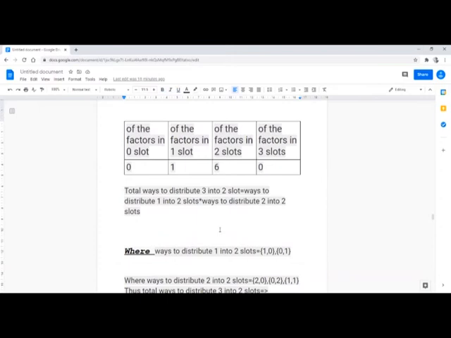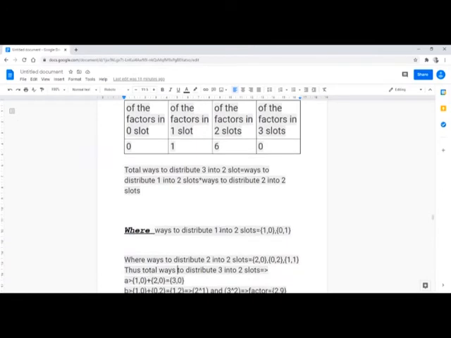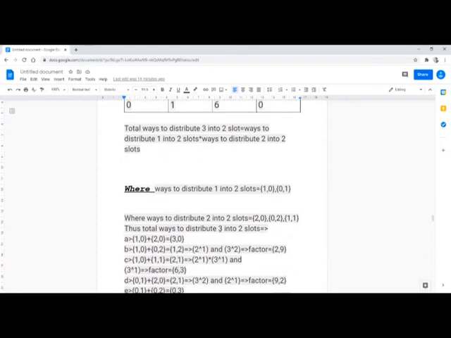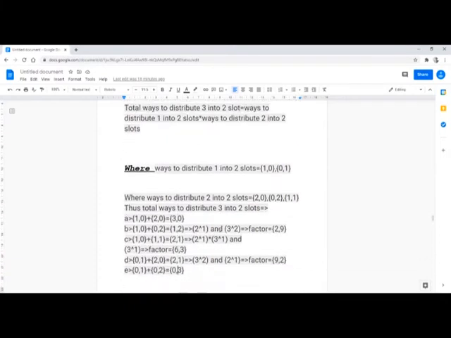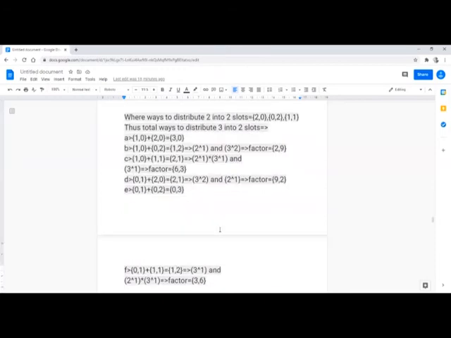So the total ways to distribute three items into two slots is given by the ways to distribute one item into two slots multiplied with the ways to distribute two items into two slots. Where ways to distribute one item into two slots, 1 0 and 0 1 are the possible sequences.